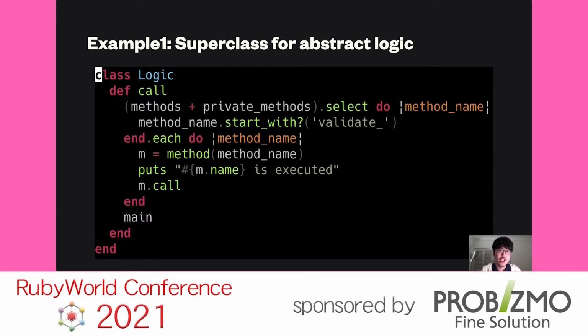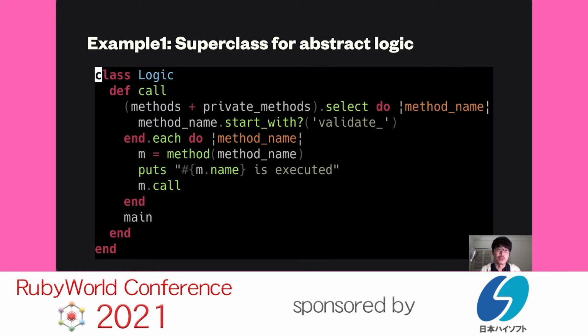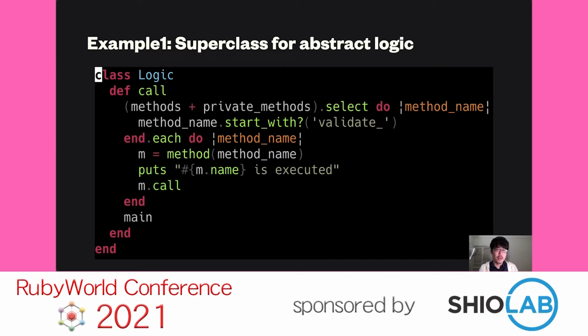This is code that I have just considered, which is in a Logic class, and let's add call here. What I'm trying to do here is, if you look at the bottom, you see main, and you want to call main. But before calling main, you want to do a validation.